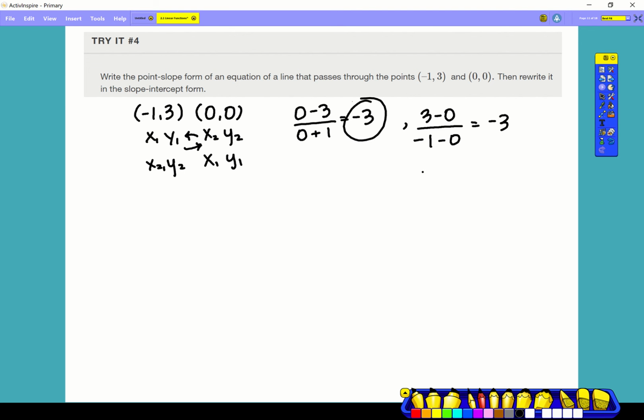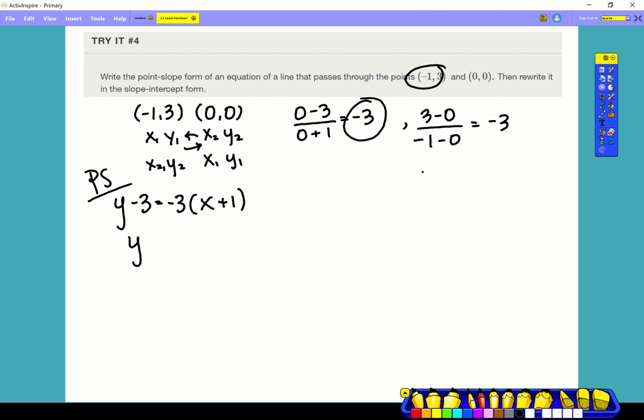So we know this is our slope, and I'm going to pick this point. Yeah, make it difficult a little for you guys. So you're going to have y minus 3, and this is point slope form. y minus 3 equals the slope times x minus x1, but it's minus minus 1, so it'll be plus 1.